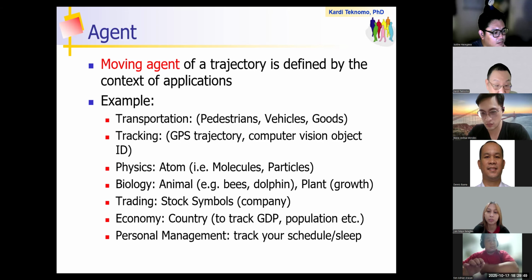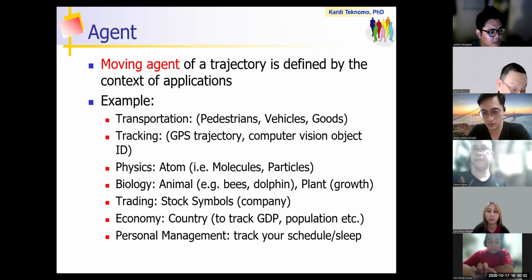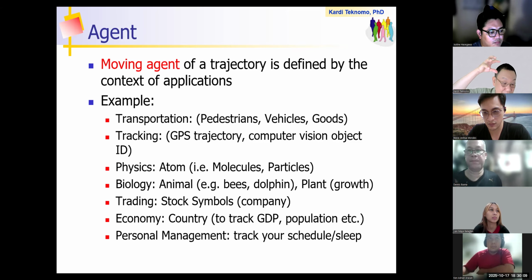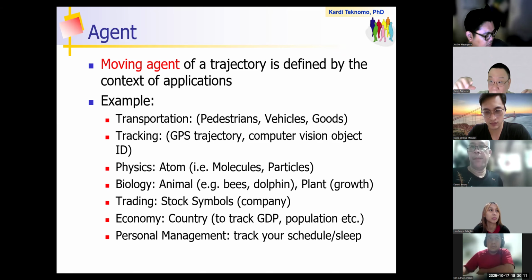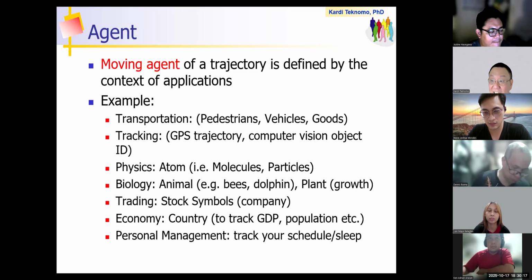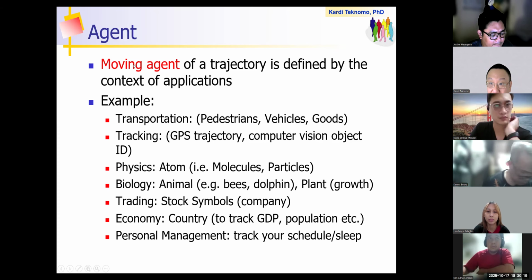For example, if you cooperate with Grab or with Uber, you can get their trajectory data, because they track all the vehicles. With cameras at each intersection, this is computer vision. The vehicles passing have an object ID that represents the agent.